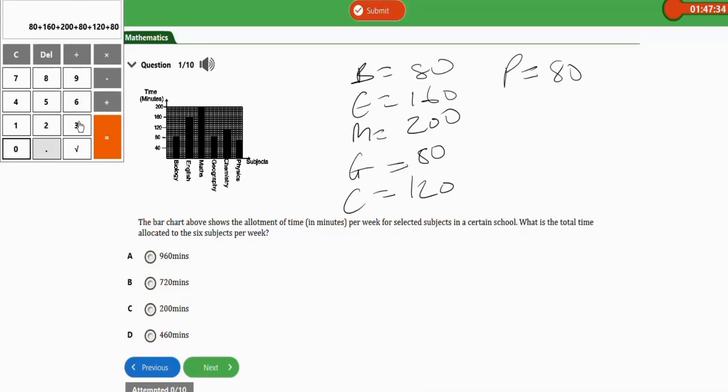Let's punch the calculator to see the result. We have 720 minutes. So the correct option in this question is Option B. It is as simple as this. Let's wipe this now and solve the next repeated question.